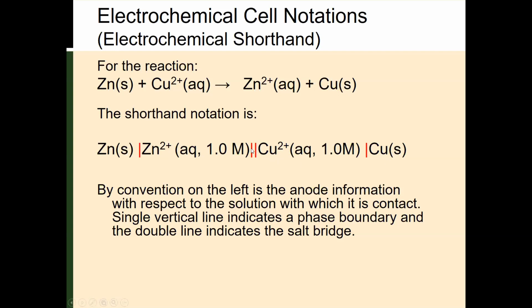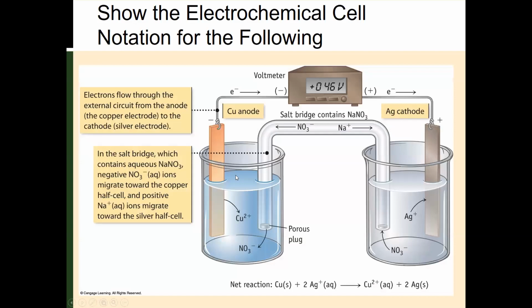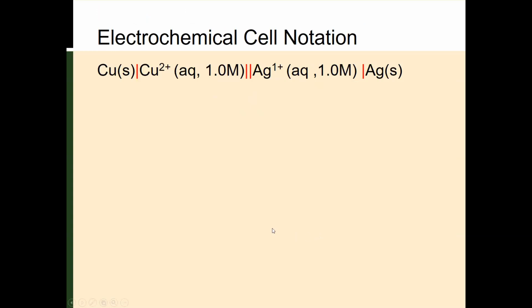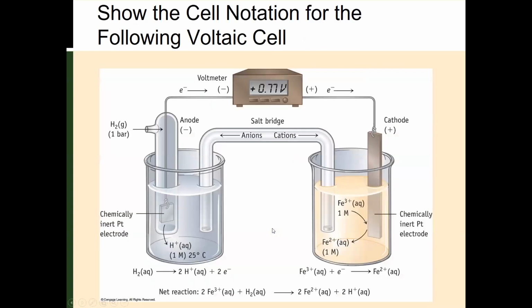The 2 lines here represent a salt bridge. The 1 line here indicates that there is an electrode present, a phase boundary, between solid and liquid there. So if we wanted to show the shorthand for this one, here would be the shorthand notation for that one.